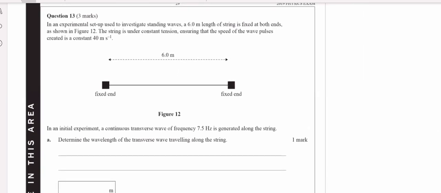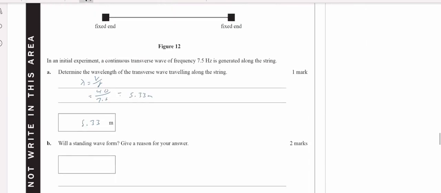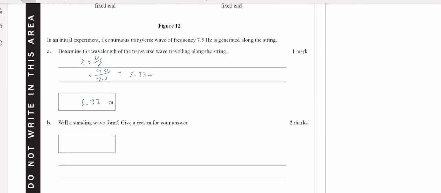Determine the wavelength of the transverse wave traveling along the string. So for wavelength, it is velocity over frequency. The velocity is 40. Frequency is 7.5, which is 5.3 meters. The standing waveform.